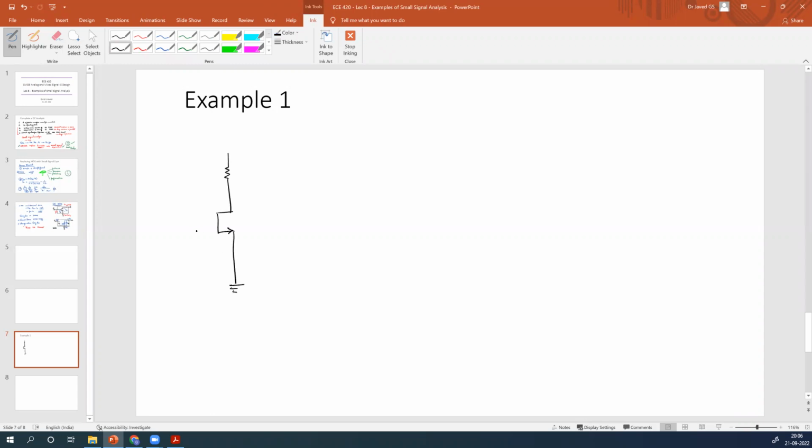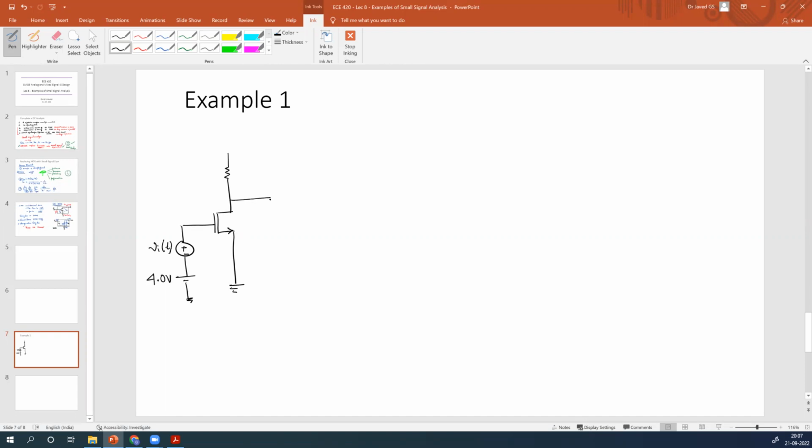You have seen this circuit for the last 3 to 4 lectures, and you know what consistently works. So you have a DC source here of 4 volts, and an AC source vi of t, a time varying quantity.